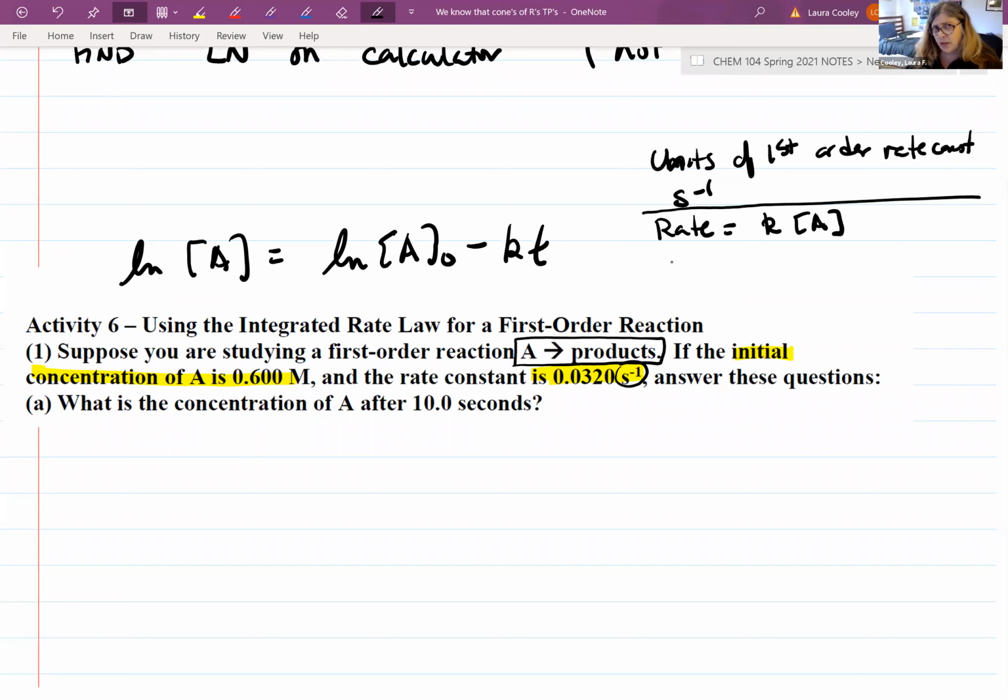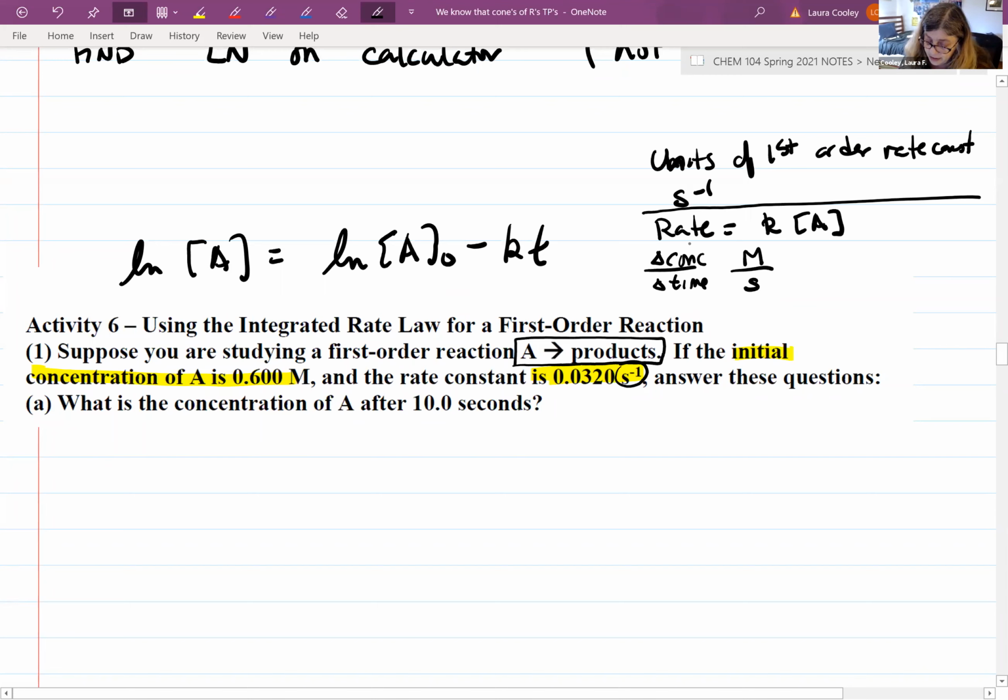A rate, remember, is a change in concentration over a change in time. And so its units would be the unit of concentration divided by the unit of time. So the left side has the units of molar per second, and that's equal to k times molar.